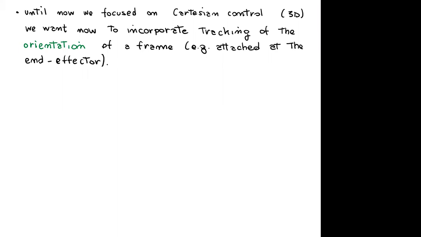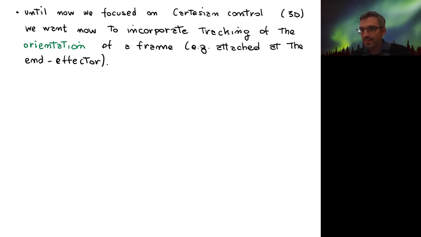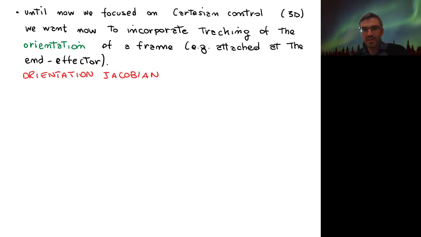Yes. Good. So to control the orientation, we need in essence to make use of the angular part of the Jacobian. You remember the geometric Jacobian that Octavio taught you in the lecture about differential kinematics.